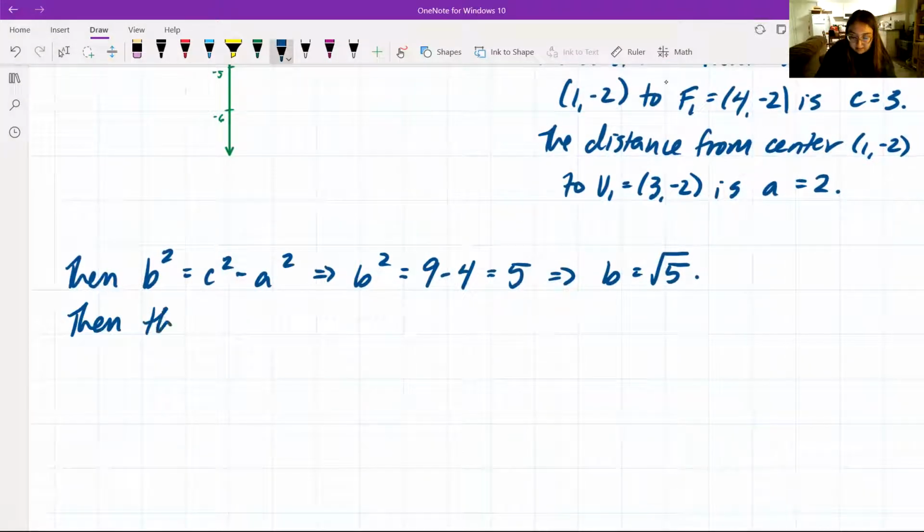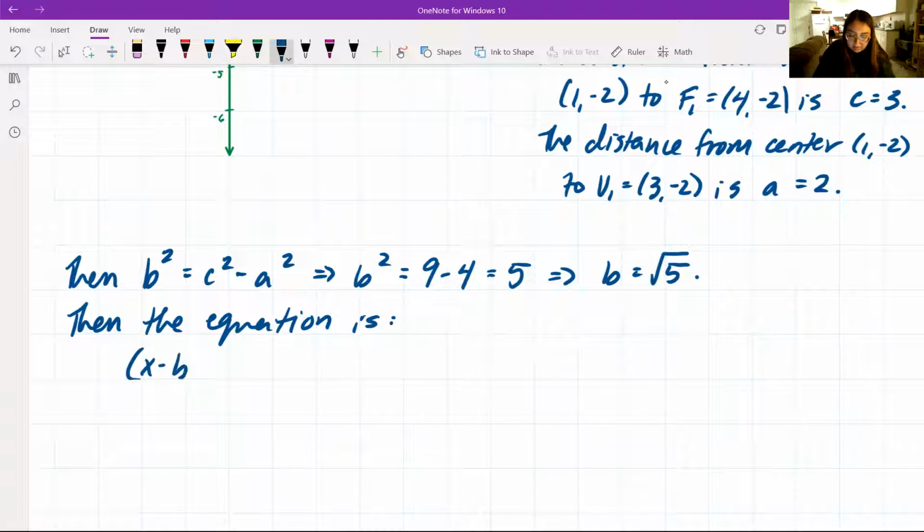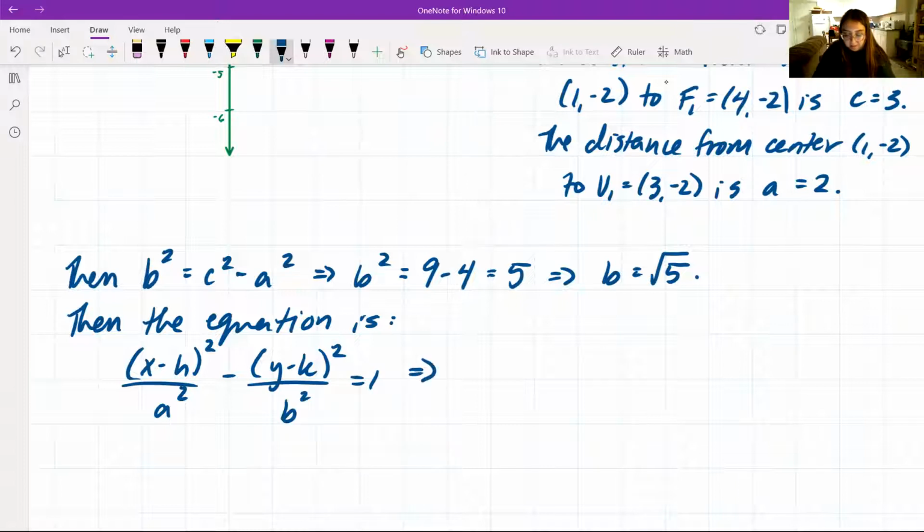Then we get that the equation is in the form x minus h squared over a squared minus y minus k squared over b squared is equal to 1.